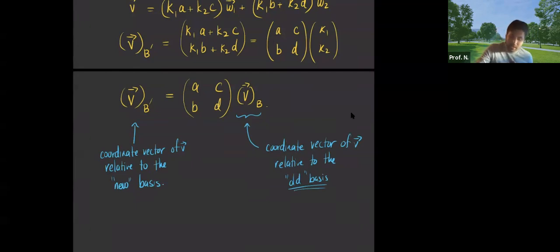And this matrix in here is called a transition matrix. So that's the new thing.